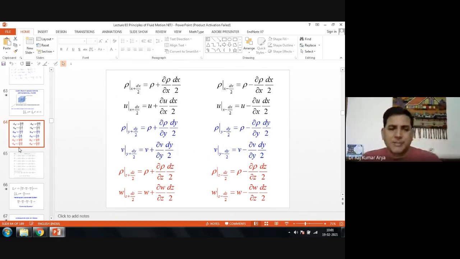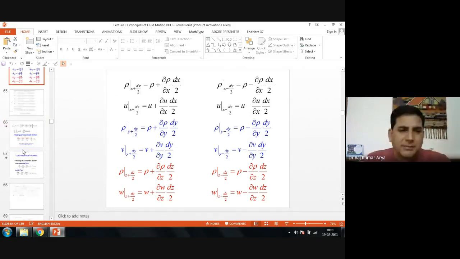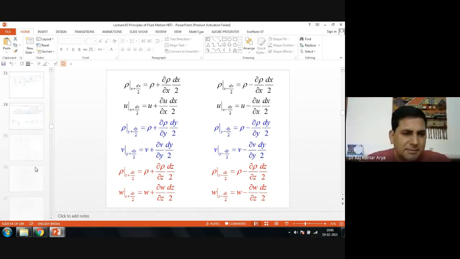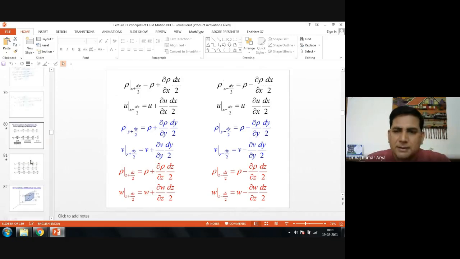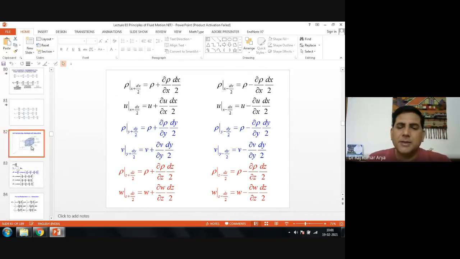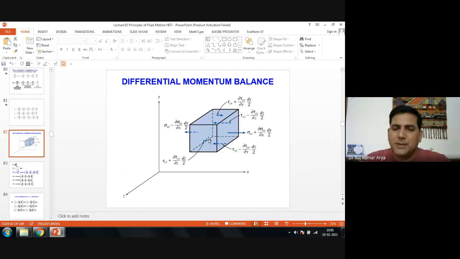So that's one thing. The same thing can be done for shear stresses. Let me see where that picture went. Yeah, this one. Let's say at the center of that particular block you have the stresses.